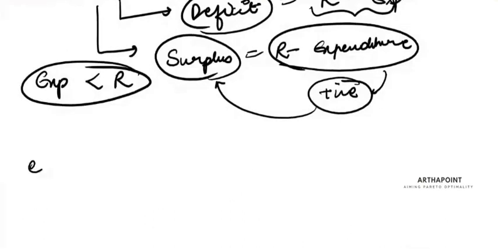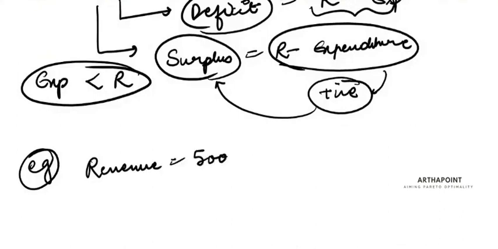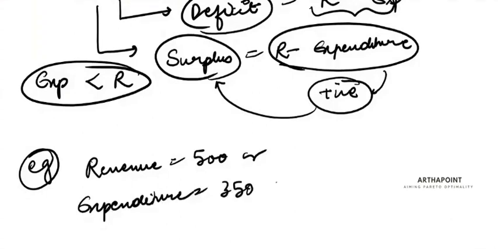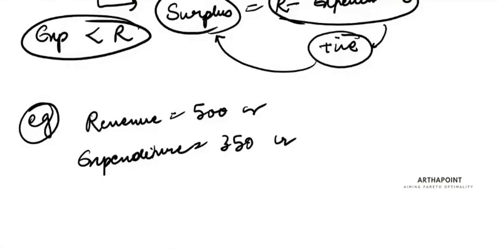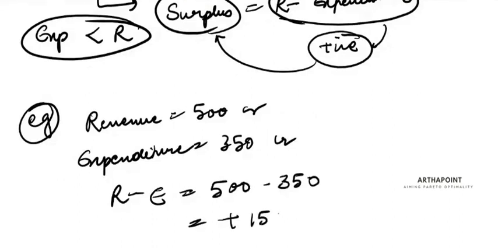Let us take an example. Suppose I tell you that the revenue of the government is 500 crore and the expenditure of the government is 350 crores. When we find revenue minus expenditure, we get 500 minus 350, which is positive 150 crore.